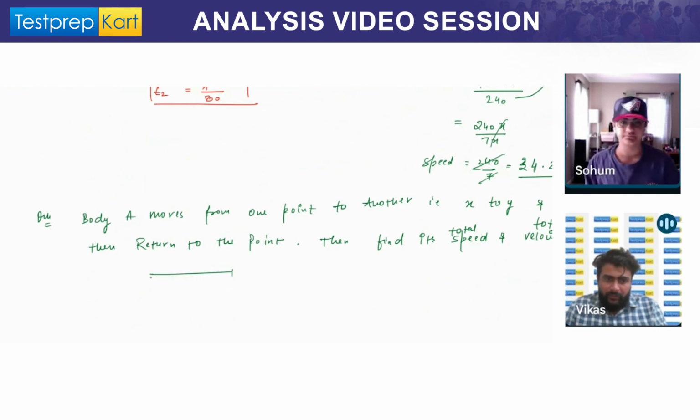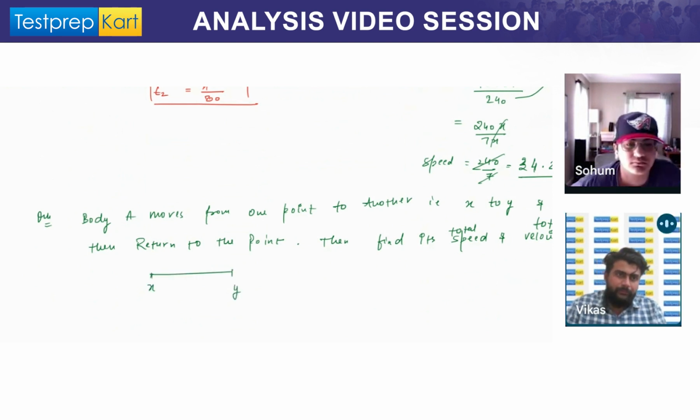If this point is x and this is y, this is a 20-meter journey, and the body moves from A to B, that is from x to y.